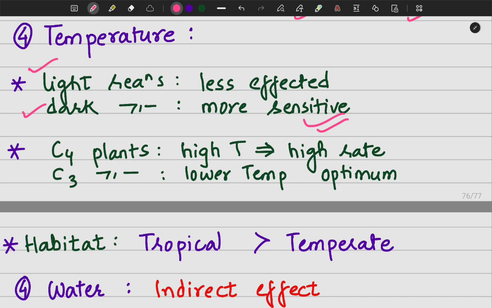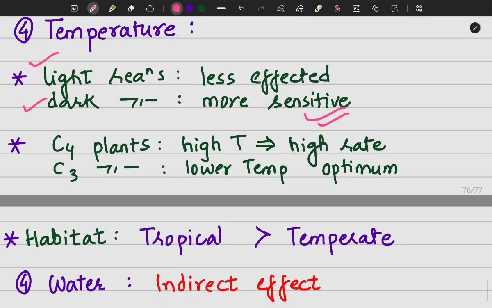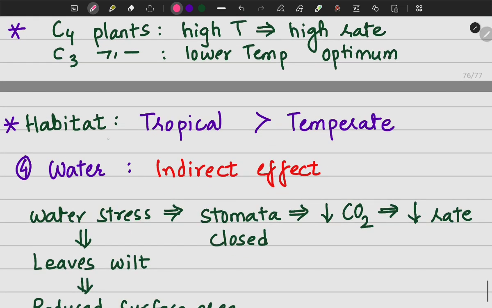Each enzyme has its own temperature optimum, and depending on that, the temperature will affect the rate of photosynthesis in dark reaction. This point I already discussed when I told you about the C4 and C3 plants. The tropical plants like the C4 plants show higher rate of photosynthesis at high temperature, and the temperate plants like the C3 plants have a lower temperature optimum.